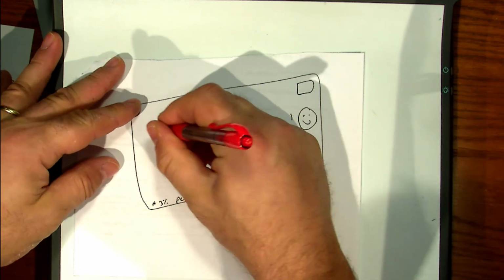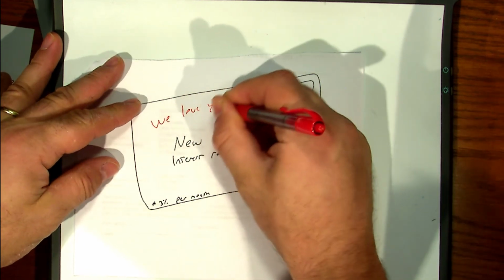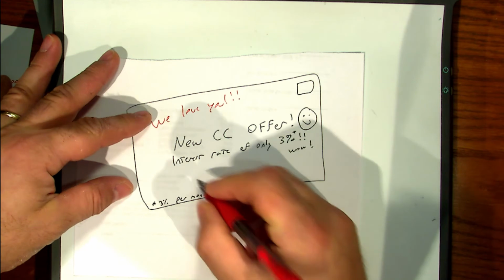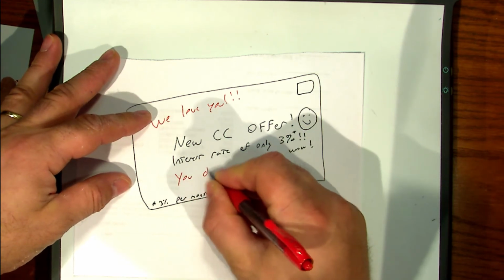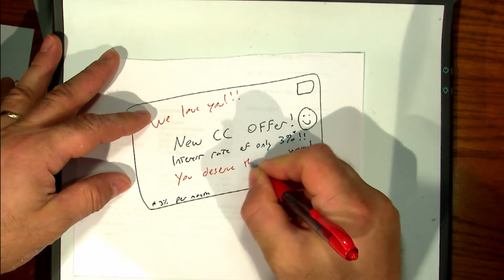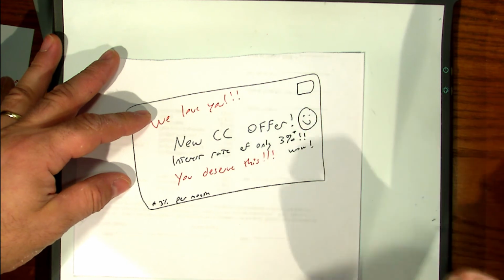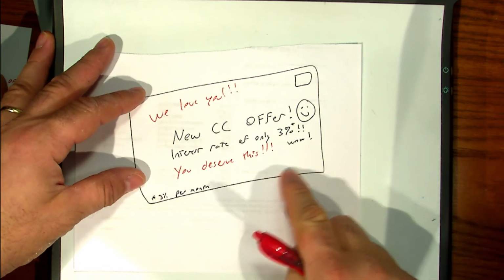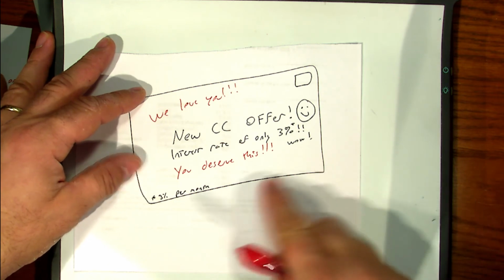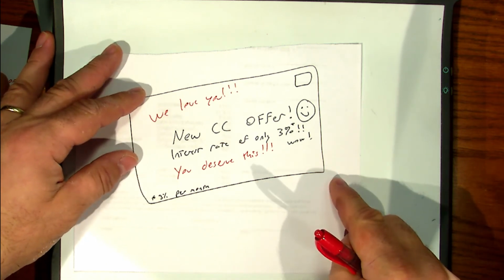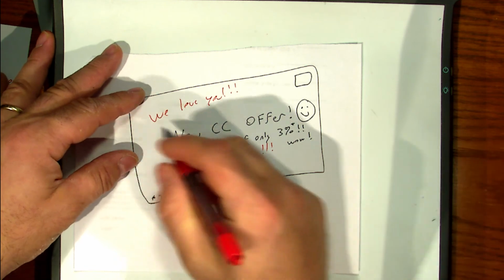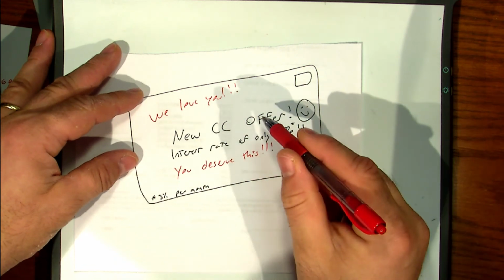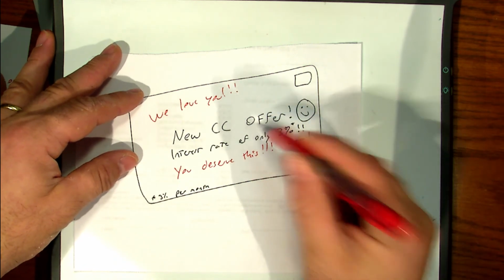So they'll say, we love you. You deserve this, right? And they'll say, purchase a new car. People are laughing at you in your old car, right? You'll never find a girlfriend with the clothes you're wearing. You need to purchase new clothes on our credit card, right?